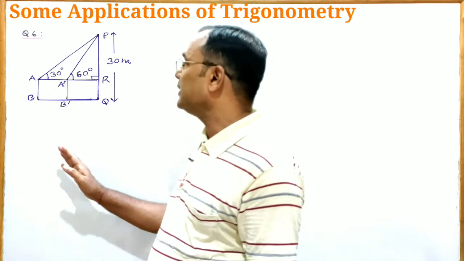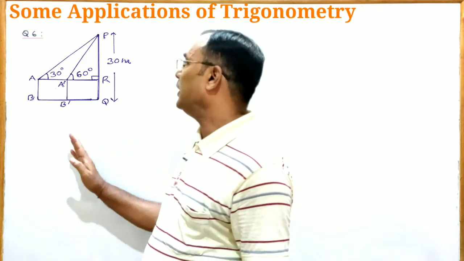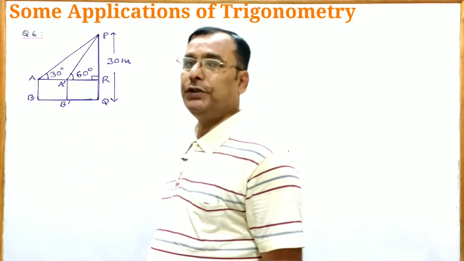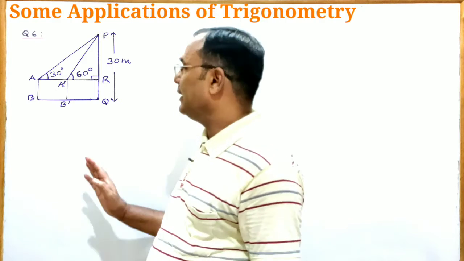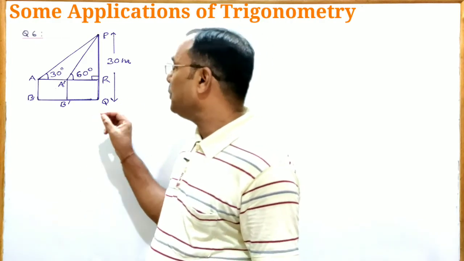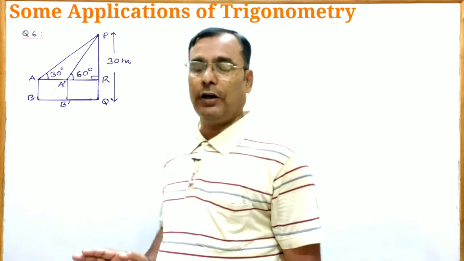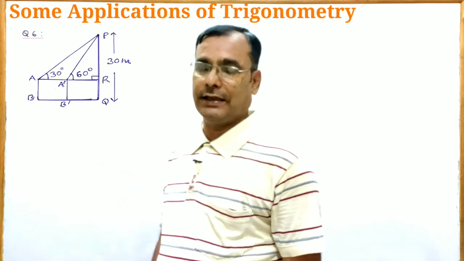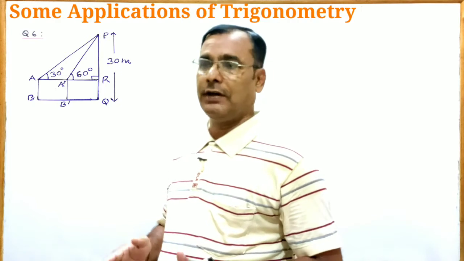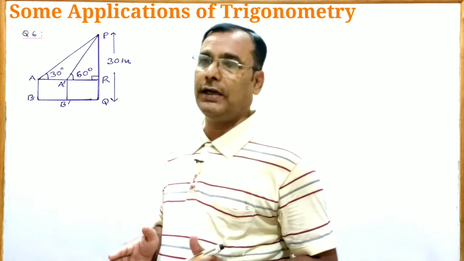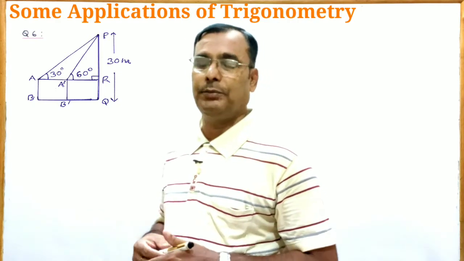After walking some distance towards the building, the boy reaches position A dash B dash, and at eye point A dash, the angle of elevation of the top of the building is 60 degrees. We have to find how much distance the boy walked towards the building.